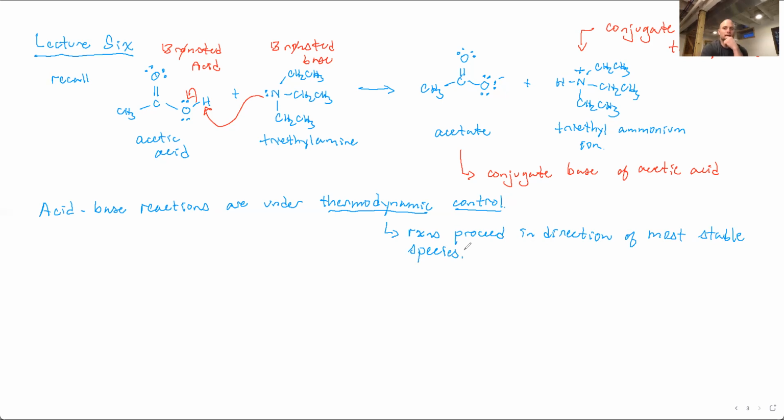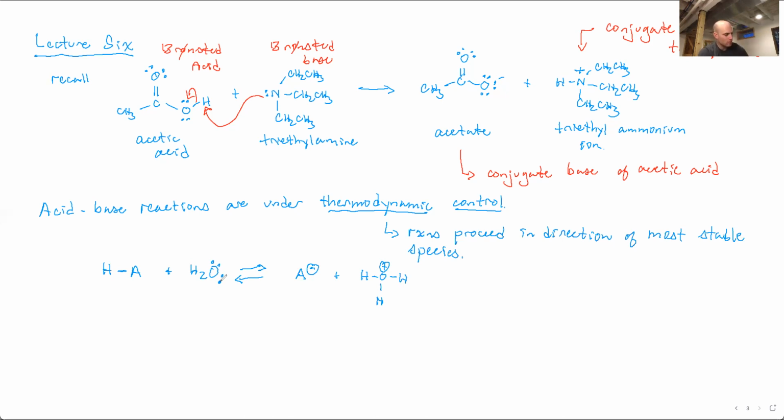Okay, and so we can generalize this to a generic acid-base reaction. For our acid, we're just going to draw HA, and we're going to ask the question, I put an acid in water, how much of it gets converted to A minus plus H3O plus.